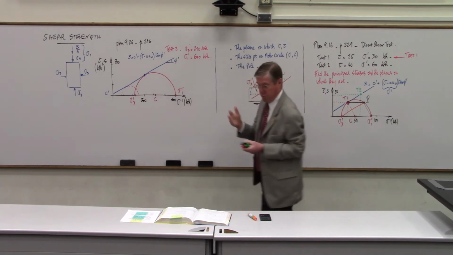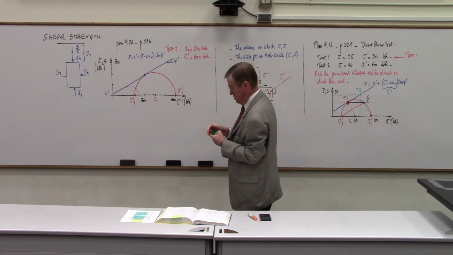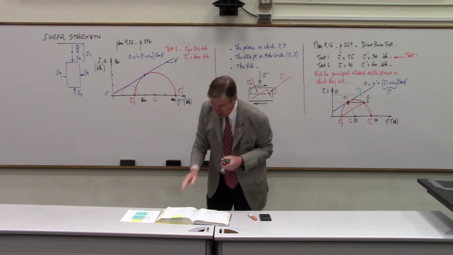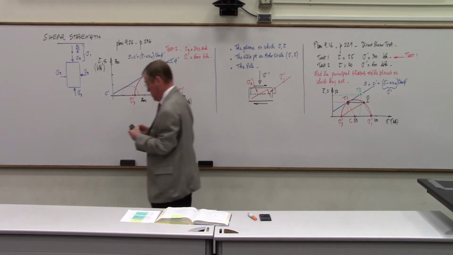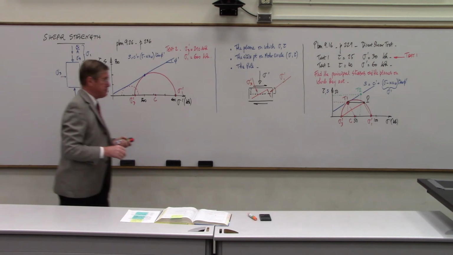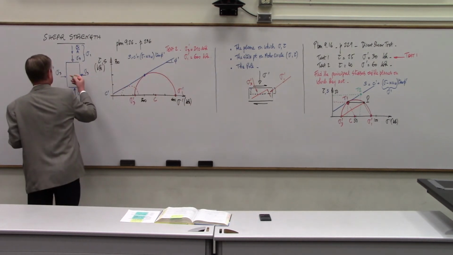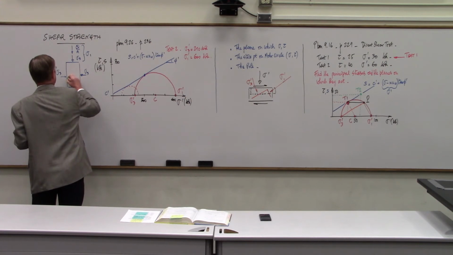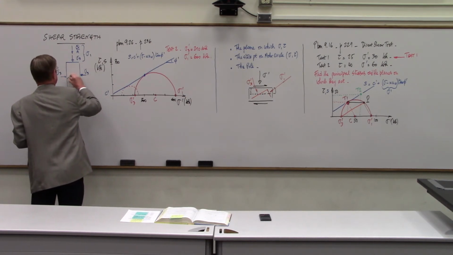And we want to apply the pole method because the question is, what are the stresses on a plane which makes an angle of 30 degrees with the horizontal?